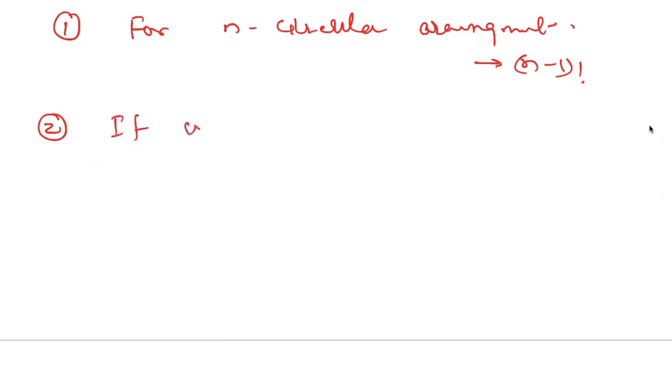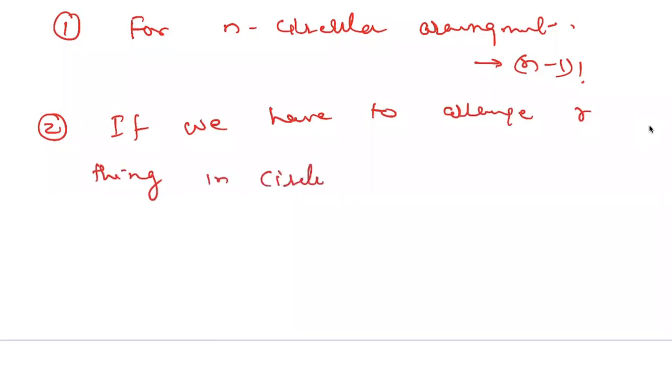If we have to arrange r things in a circle out of n, first we have to select by nCr ways, into r minus 1 factorial.